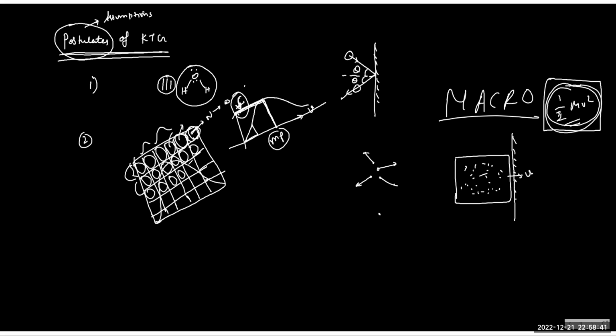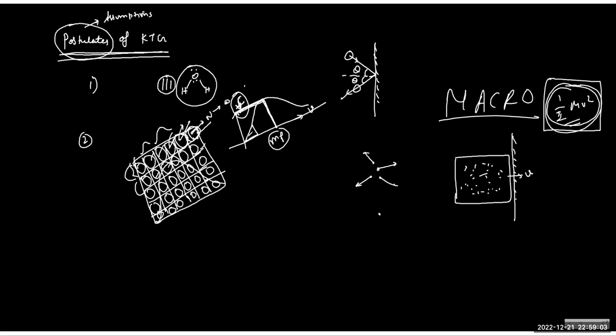And how many clusters do we have? Infinite. So in a container, we have infinite clusters, and every cluster will possess the same energy, because the kind of distribution that we get here, without any bias, I can say the similar distribution I'll get here, here, here, here, here.